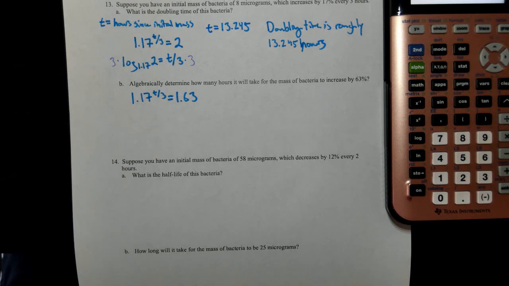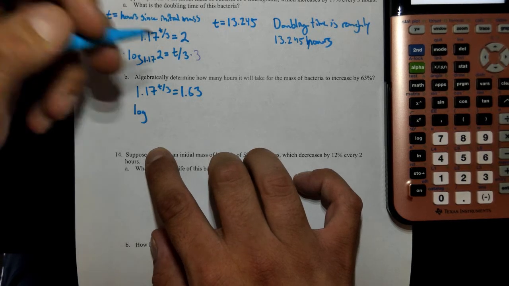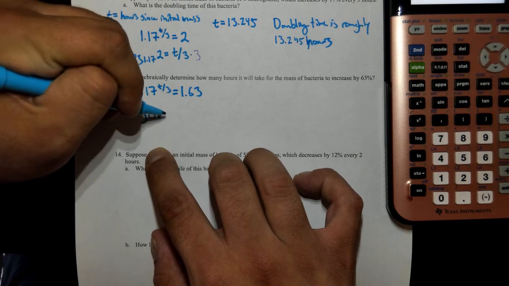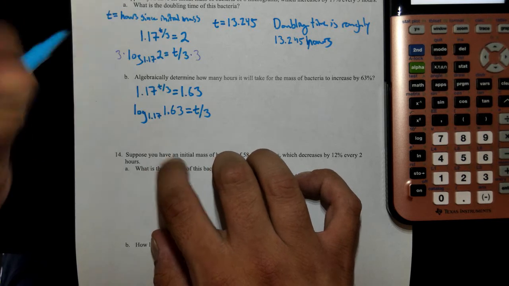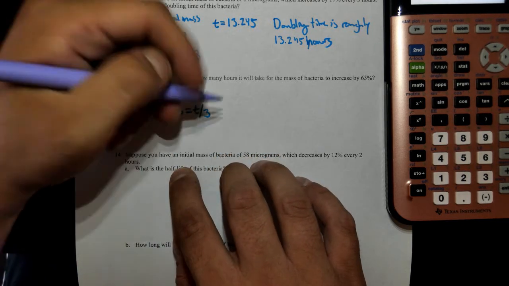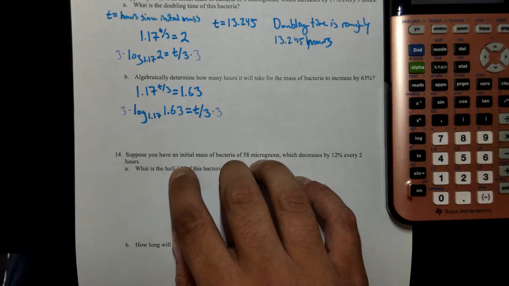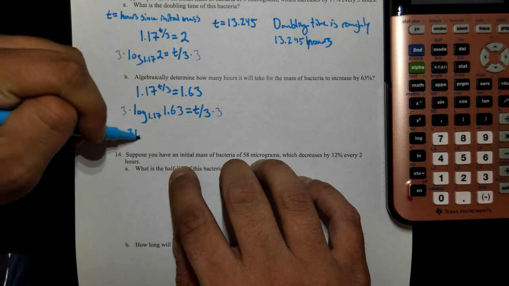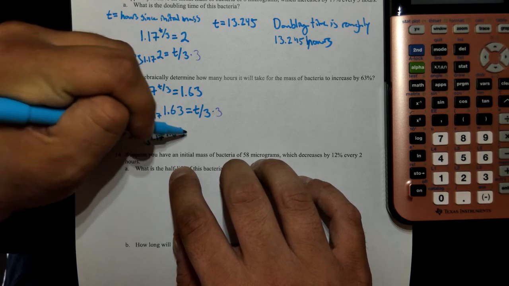So we do the same thing, put it in log form. And then multiply both sides by 3, which will give us 3 log base 1.17 of 1.63 equals t.